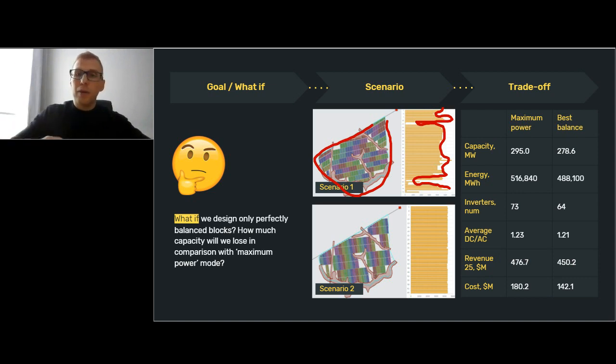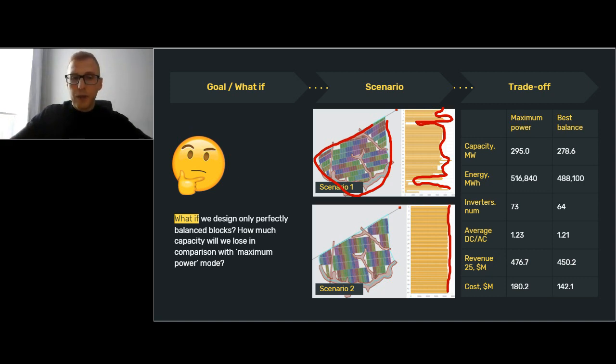And at the same time, when, I don't know, 2,000 kilowatts DC comes into your inverter, the inverter is just not efficiently used, right? In the best balanced blocks like here, we can see that all of the blocks have the perfect DC power coming into the inverter. These are central inverters.